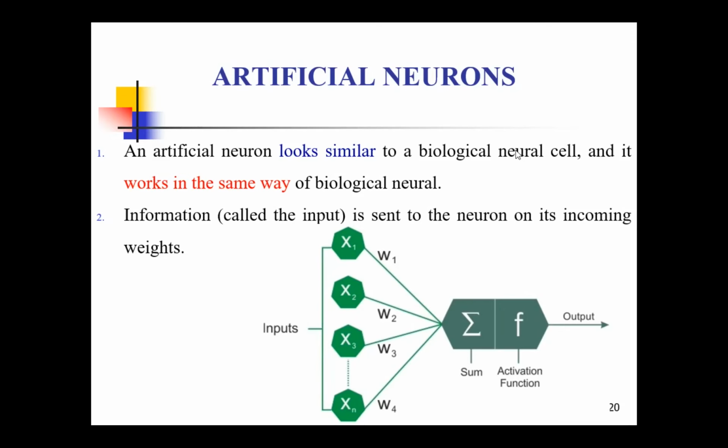Then we are going to sum all these inputs based on their weightages, and then we have the activation function, and based upon that we get the output. So the weightages and the selection of appropriate activation functions improve the efficiency of the ANN. That is very, very important.